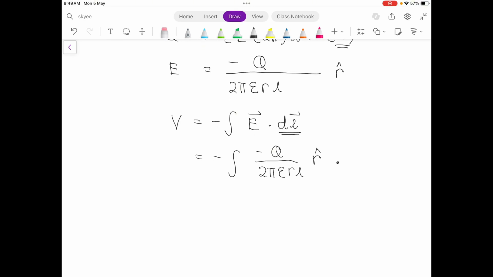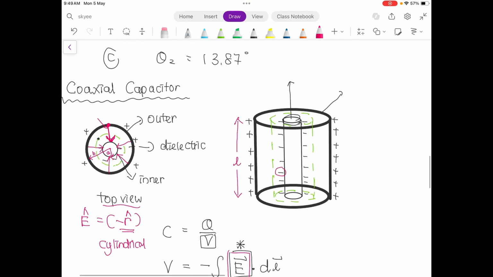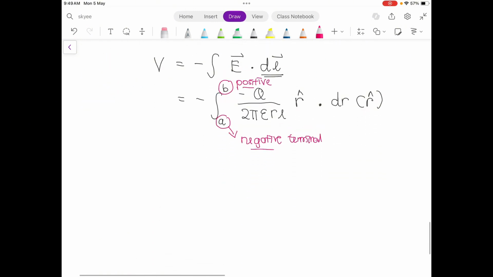So this dl will be dr, following the direction of the radius, in the R direction, and it will integrate from A to B. So this A is a negative terminal, and this B represents a positive terminal. You must always integrate from negative to positive. See, negative is here and positive is here. So the radius is from A to B.